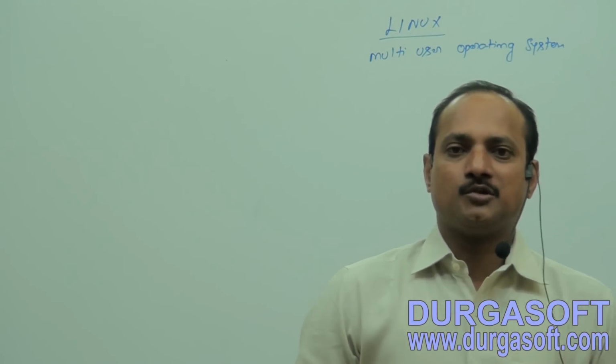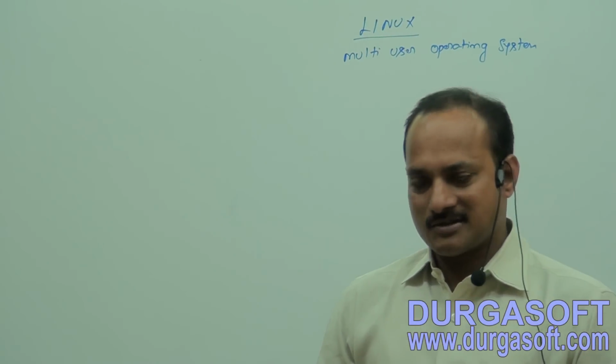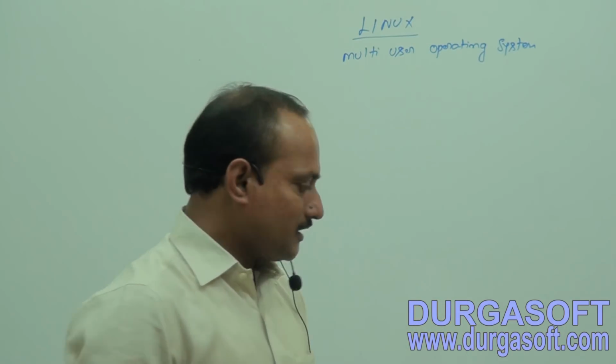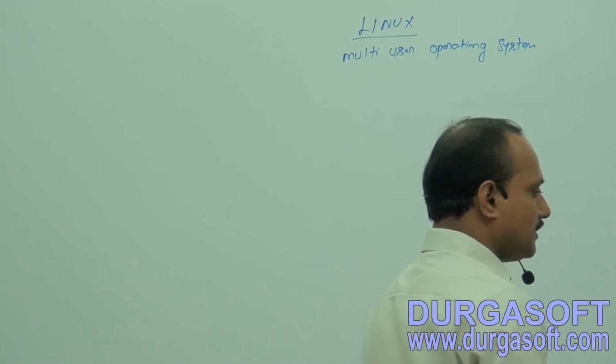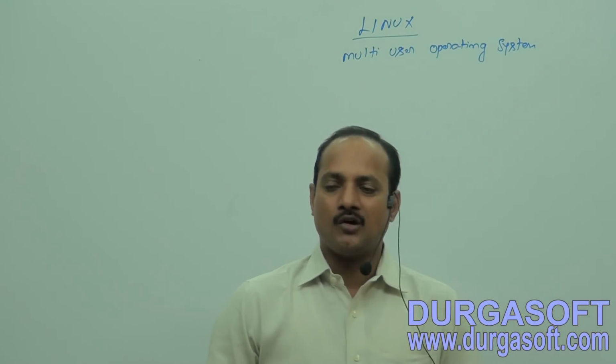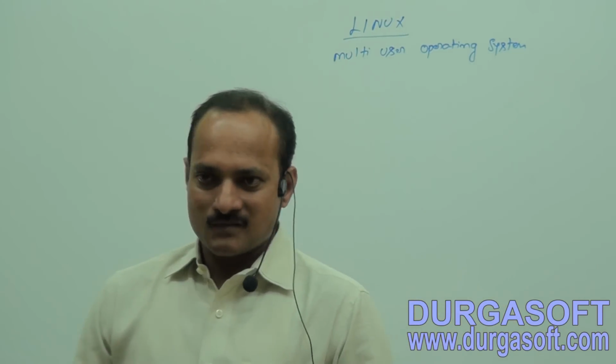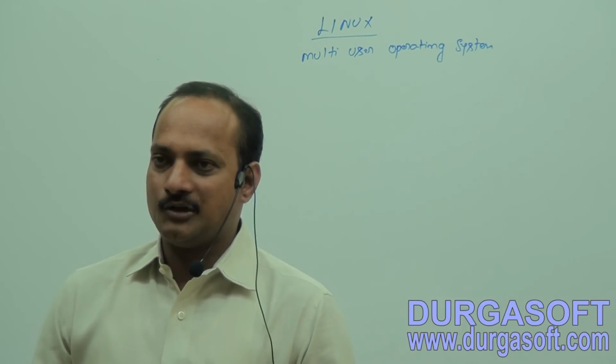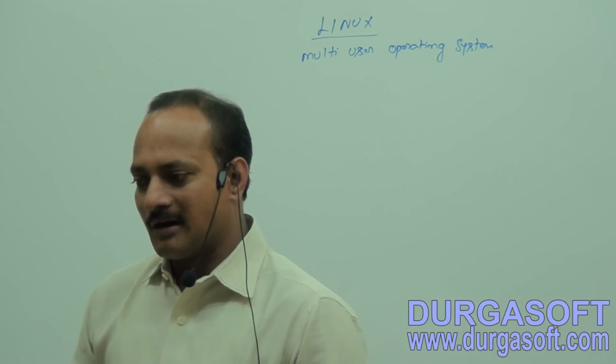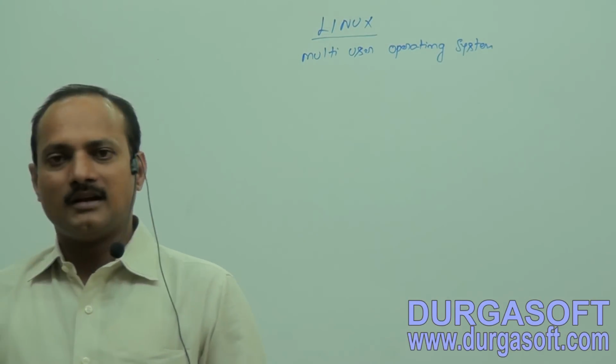Generally, in Windows or DOS or other operating systems, at a moment of time, only one user is allowed to log on to the operating system. But in the case of Unix or Linux, more than one person is allowed to log on. That's why we can say Unix and Linux both are multi-user operating systems.